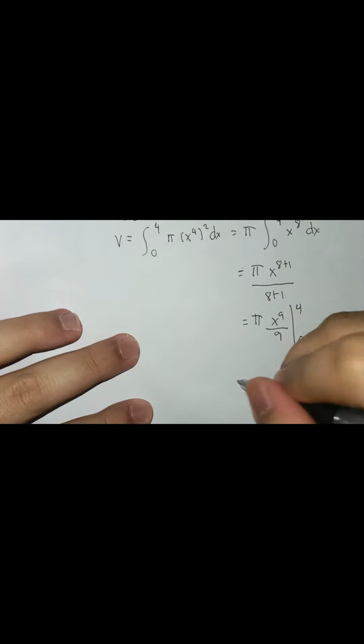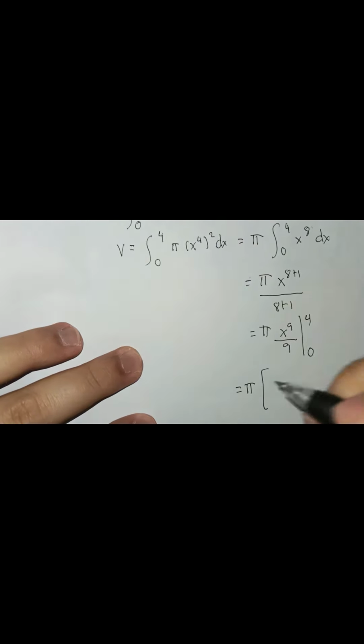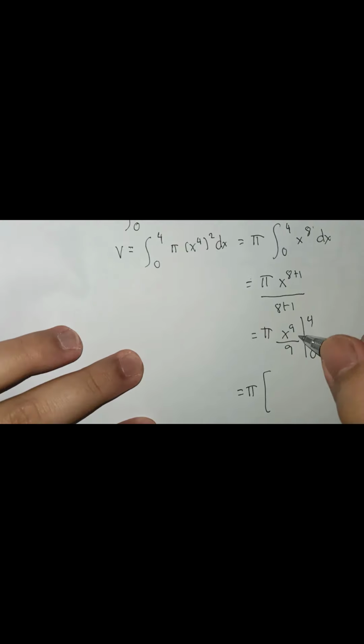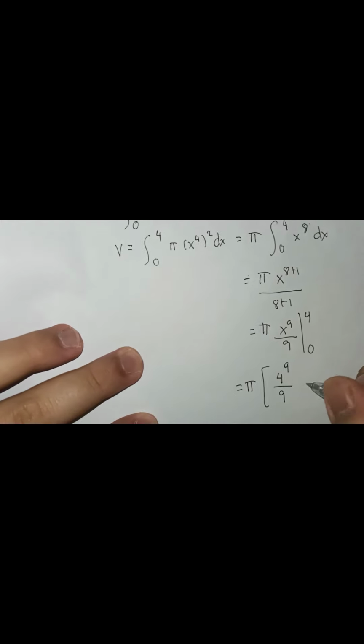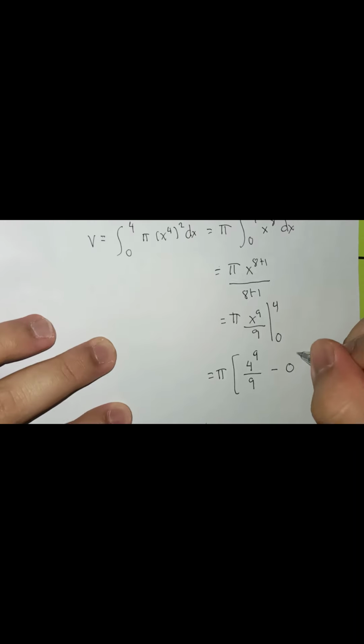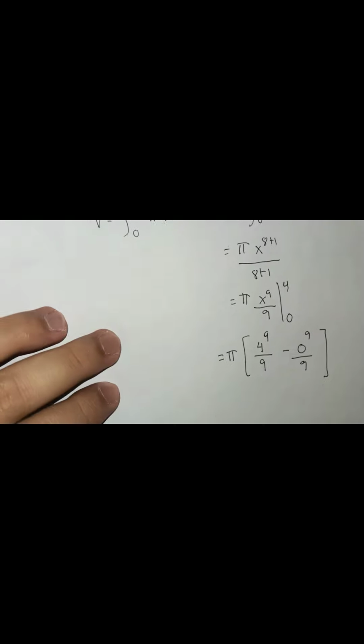After that, equals pi, open parentheses, just substitute here the limit. It will become 4 to the 9th power over 9 minus 0 to the 9th power over 9.